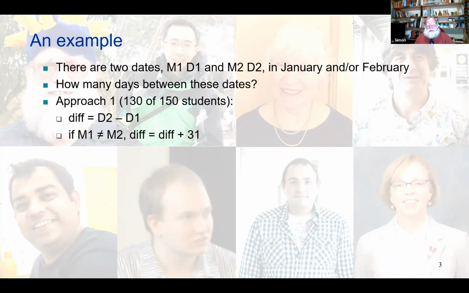Now, the way I'd be inclined to do that, and the way about 130 of 150 students did it, is to take the difference of day 2 and day 1, and then if the 2 months are not the same, add 31 to that difference. And then you've got the number of days between the first day and the second day.